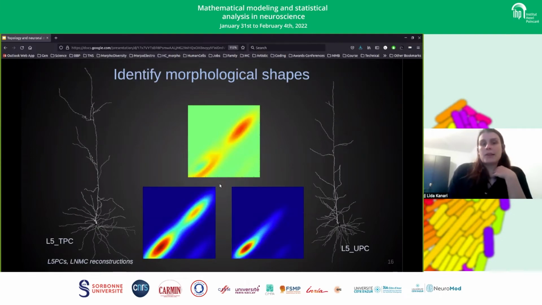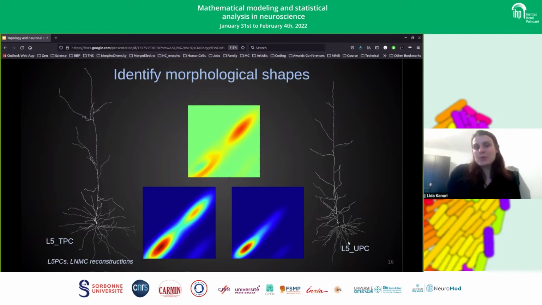So if we go back to the previous example and we perform all the actions that I described before, we get the barcodes, and from these we represent them as persistence diagrams, and now we get the persistence images of the two trees. Now I think the difference is much more striking.